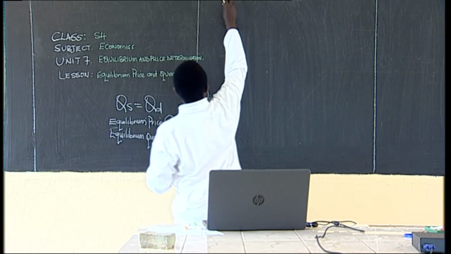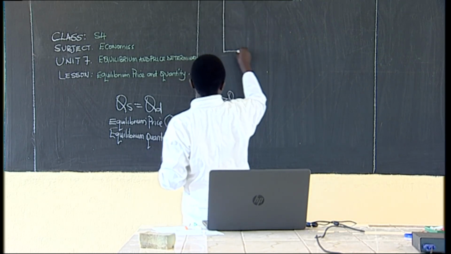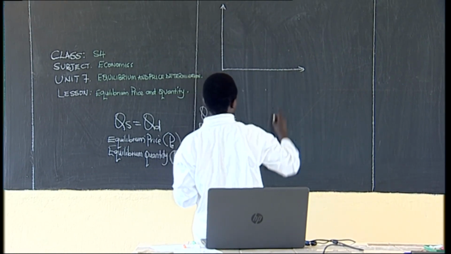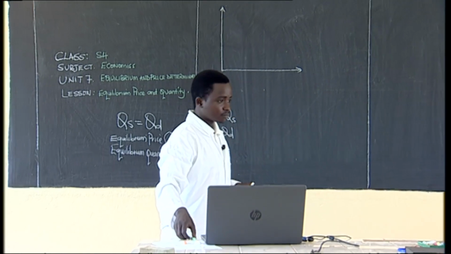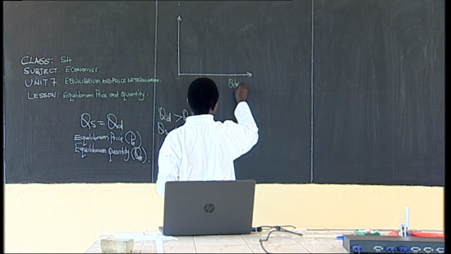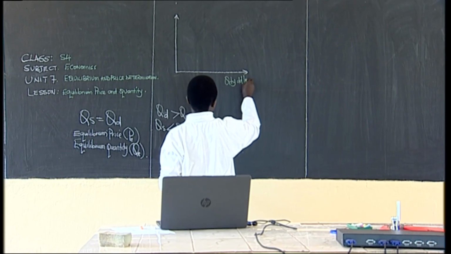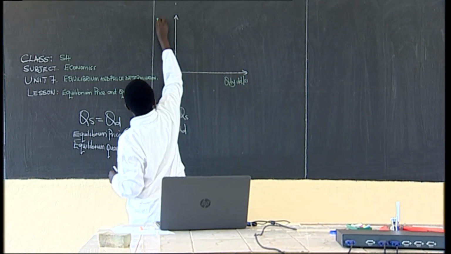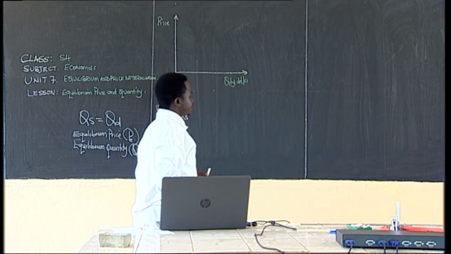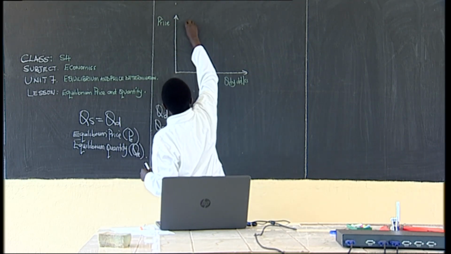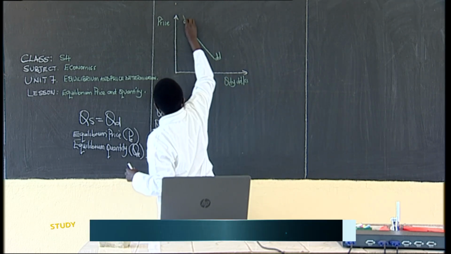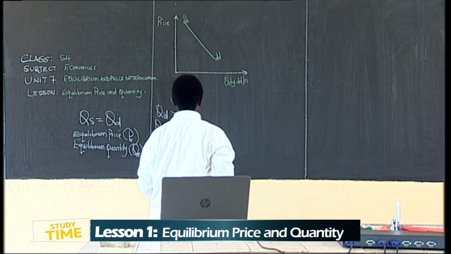So how can you illustrate this? If this is our quantity, demanded or supplied, and here this is our price, then we must have our demand curve, which you all know has a negative slope, sloping downwards from left to right.